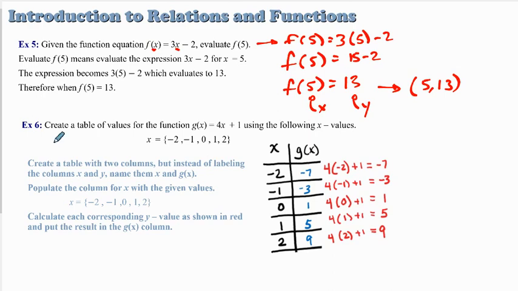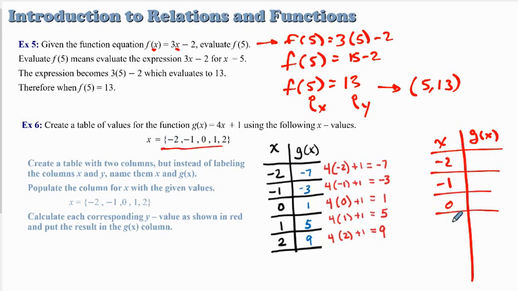In example 6, it says create a table of values for the function g of x equals 4x plus 1 using the following x values, and we're using -2, -1, 0, 1, and 2. So you start by drawing your x and g of x columns instead of x and y, and they gave you the x values to use. And now you plug each of these x values into the equation as we did in example 5 up above.